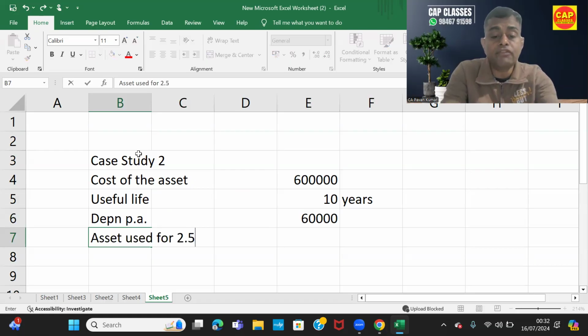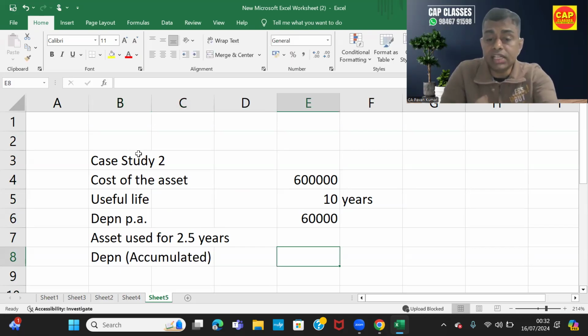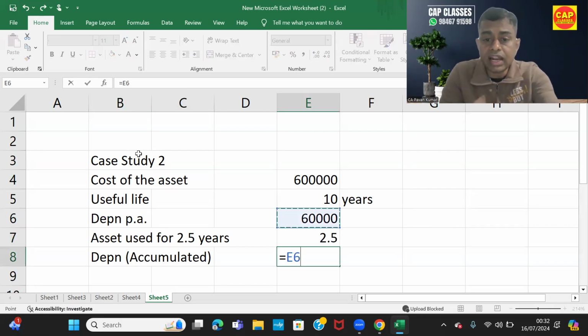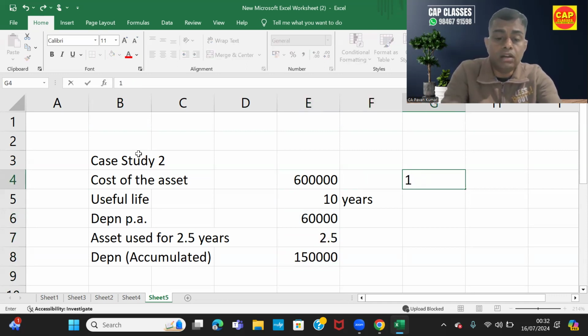Asset used for 2.5 years. Therefore, accumulated depreciation is, here I'm writing 2.5, into this. So cost of the asset, this is acquired on 1/4/20X1.